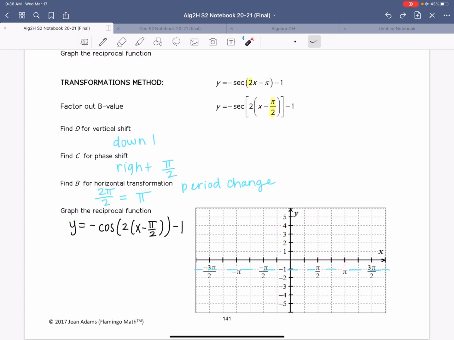Okay, so everything is shifting over pi over 2. So I'm starting here. So let's make our ticks. That will help us. So we're starting here, pi over 2. Our period is pi, so that would take us all the way to 3 pi over 2. Split in half. Okay, so that's nice. It's right on where all the ticks are already at.